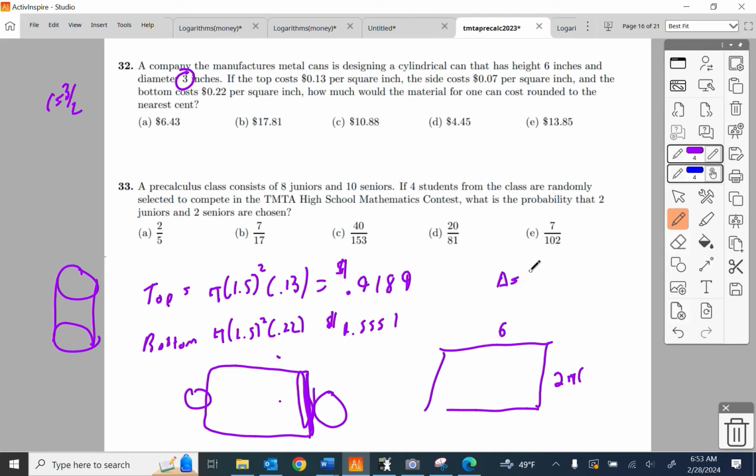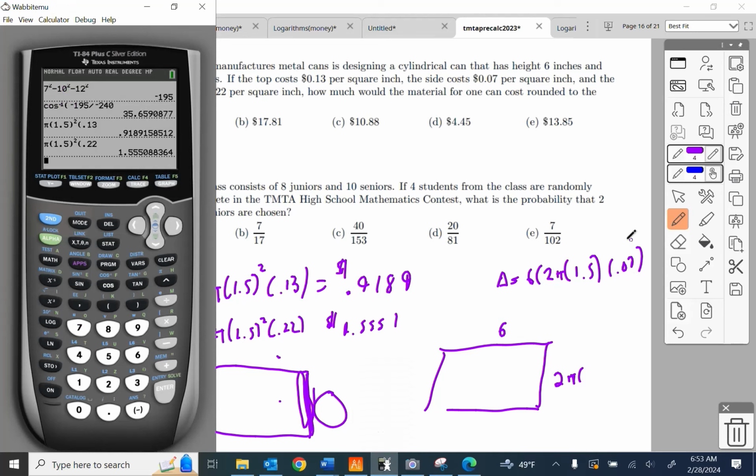And area is, of course, length times width. We have a radius of 1.5. And the sides are going to be 7 cents a piece. I'm probably missing another set of parentheses there, but whatever. So the sides of the can are going to cost me $3.95, whatever.